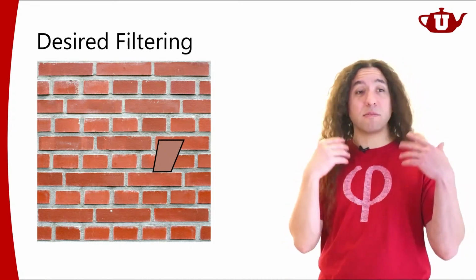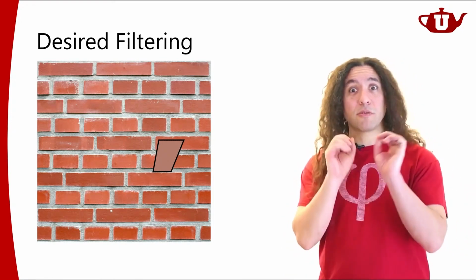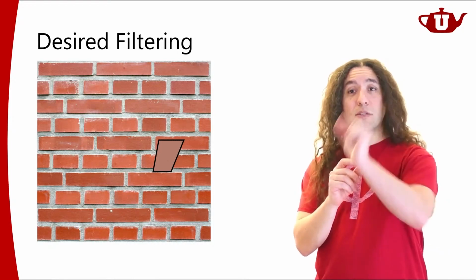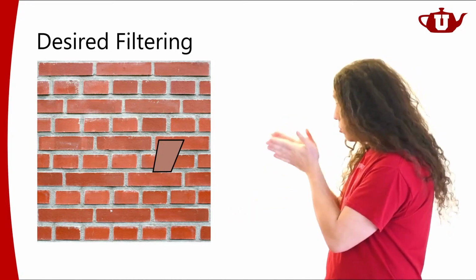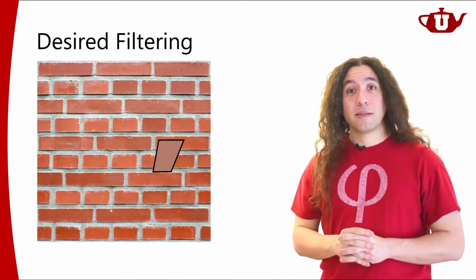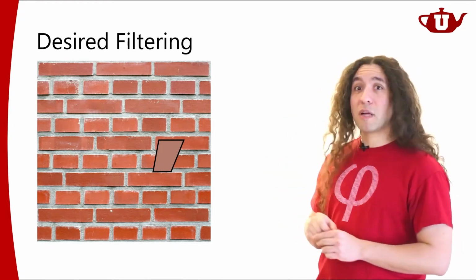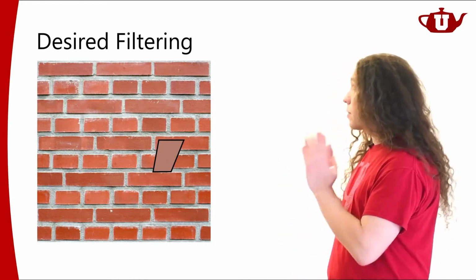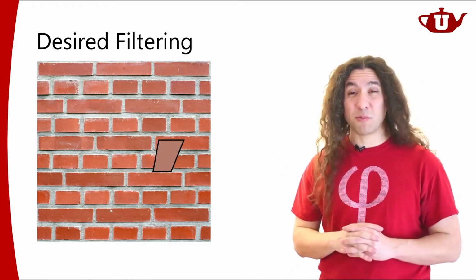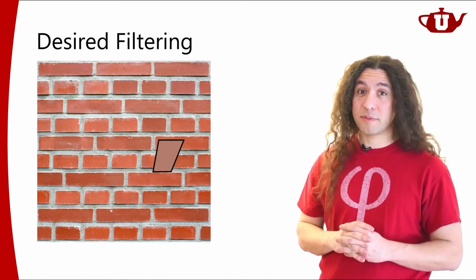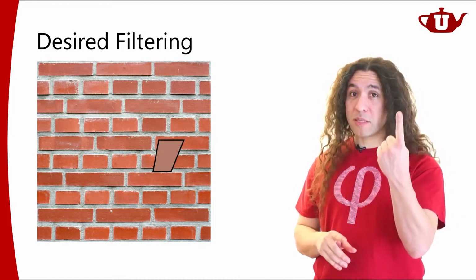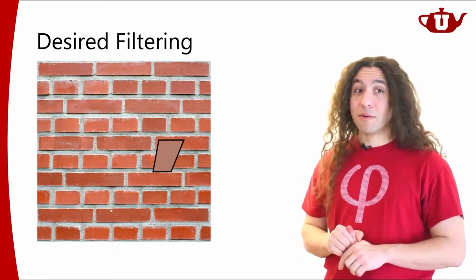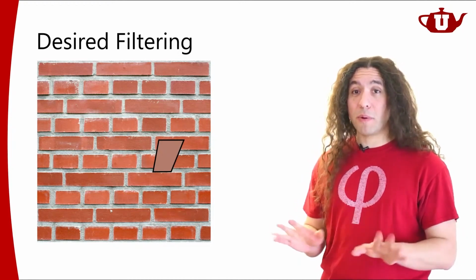If the object is really, really far, and it's so far that it's just one pixel, then my entire texture corresponds to that one pixel. So to compute this average color, I need to look at all of the colors in the entire texture, which would be very expensive. It's a lot of work for computing just one pixel color. So way too expensive. We don't want to do that.